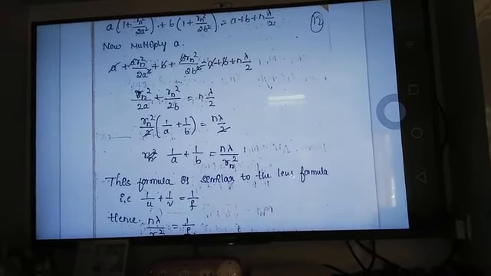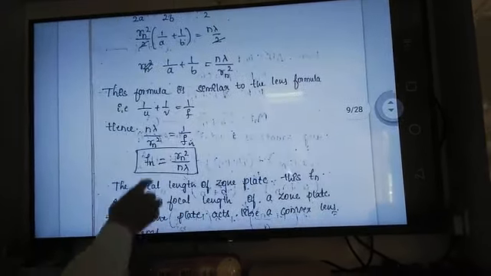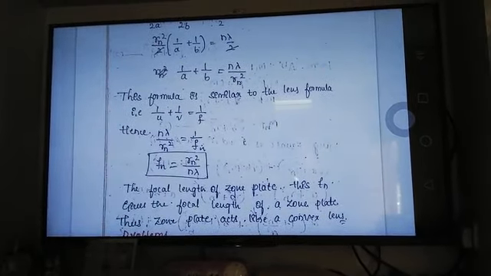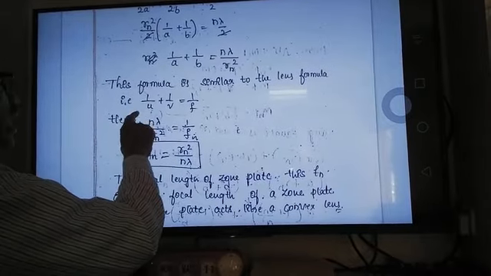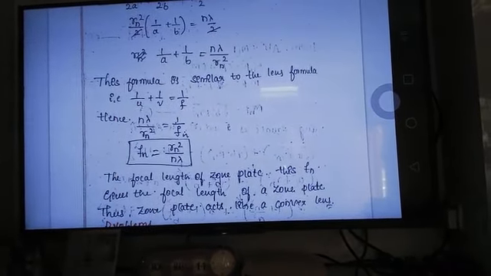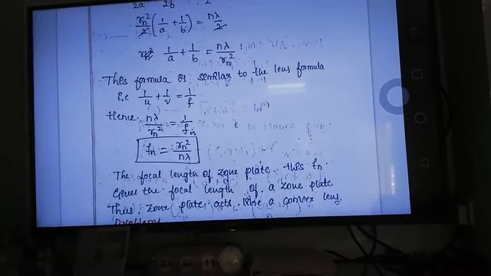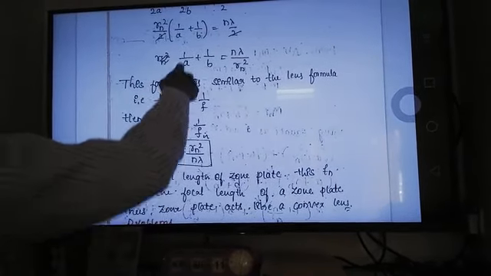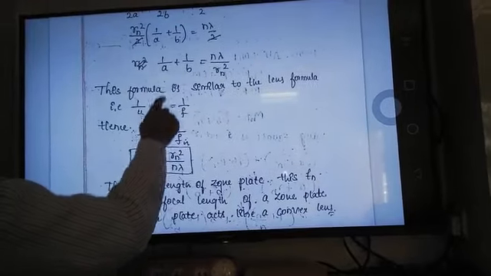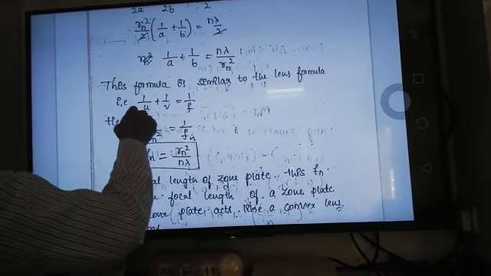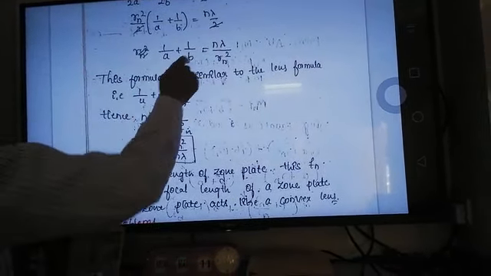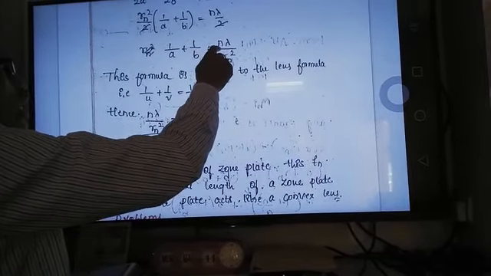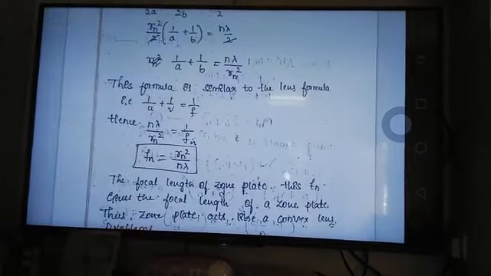What is the lens formula? The lens formula is 1 by U plus 1 by V is equal to 1 by F. U is the object distance, V is the image distance from the convex lens, F is the focal length. Let us compare these two formulas. 1 by A is equal to 1 by U, 1 by B is equal to 1 by V, and 1 by F is equal to n lambda by Rn square.